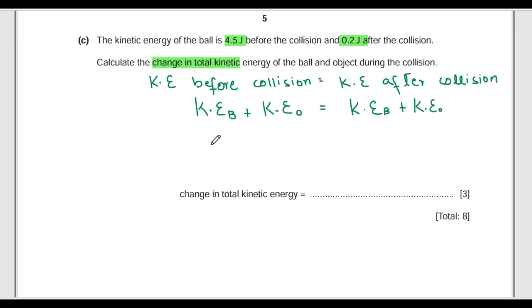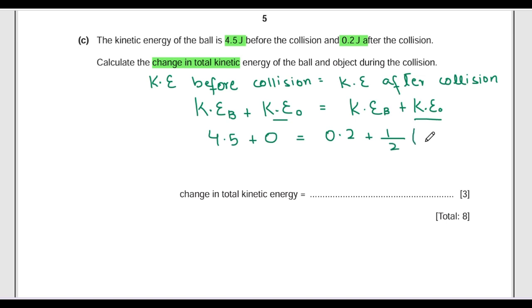We know kinetic energy of ball before collision is 4.5 and kinetic energy of object is 0 because the object was at rest, and kinetic energy of ball after collision is 0.2 joules, and kinetic energy of object is not given, but we know the formula and we can put the values. Half mv square.